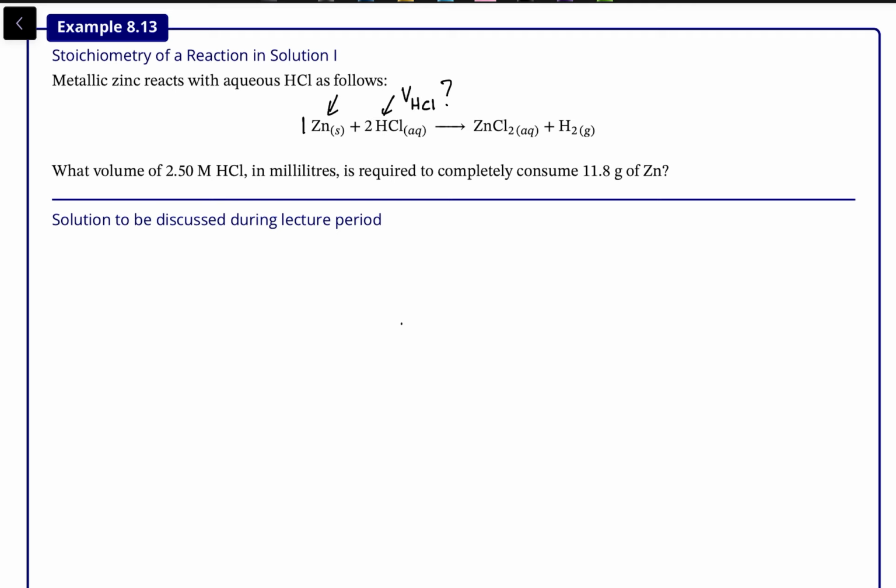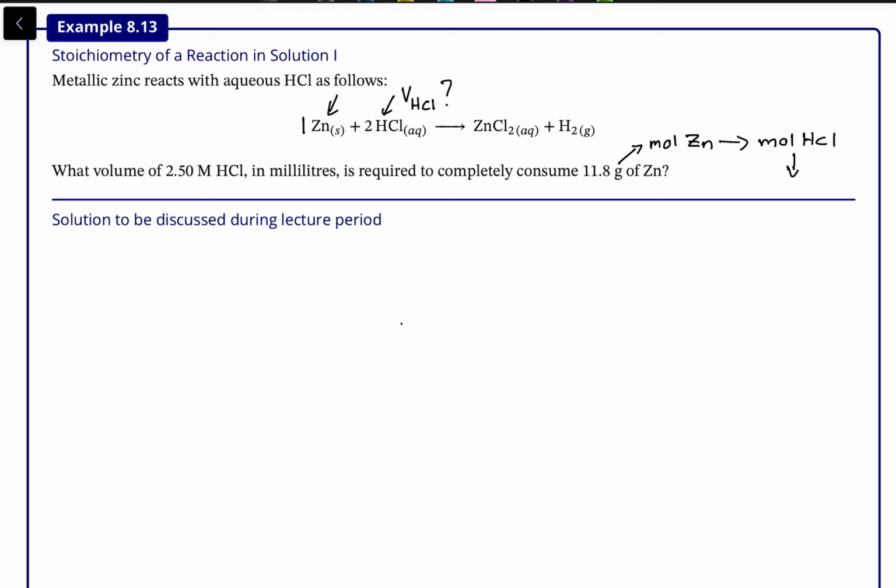So how would you approach this problem? Well, the only thing that you really can do is first take this value to mole. Once you know the number of mole zinc, we can determine the number of mole HCl, right? And once you have the number of mole of HCl, you can use its concentration.